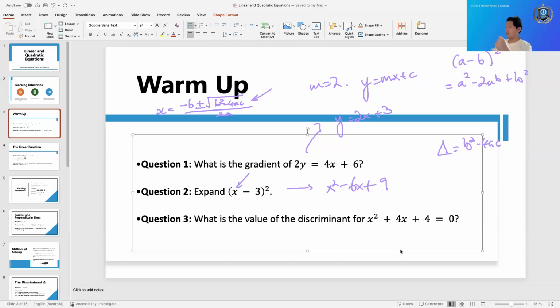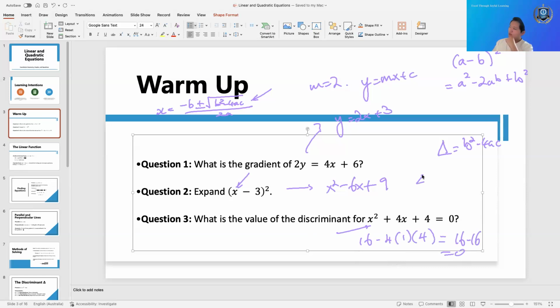If we find the discriminant of this equation, you substitute the values in and get 16 minus 4 times 1 times 4, which is 16 minus 16, equal to 0.